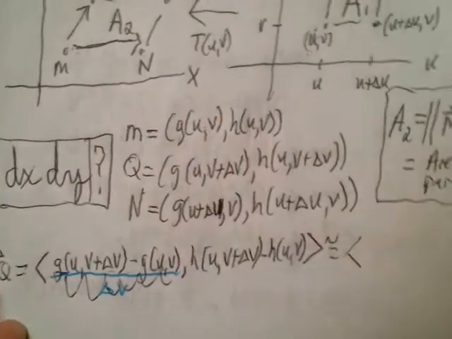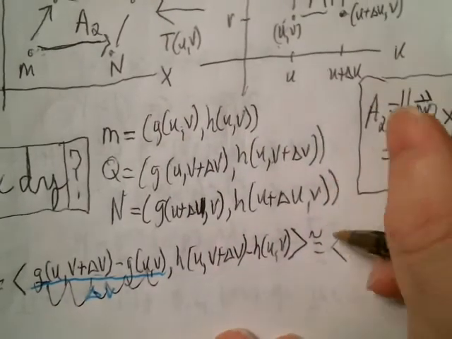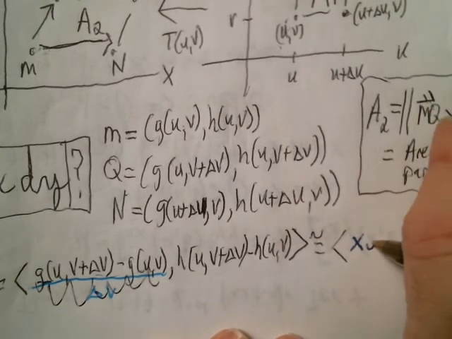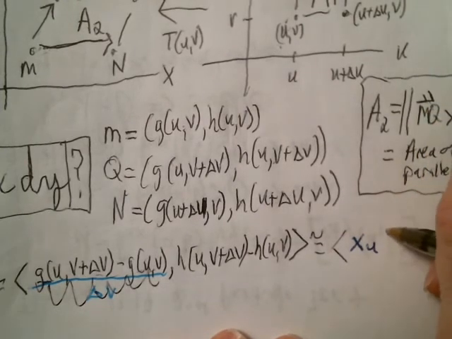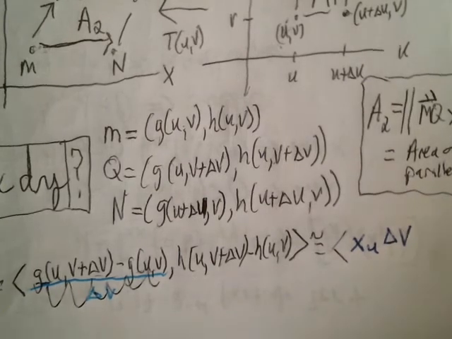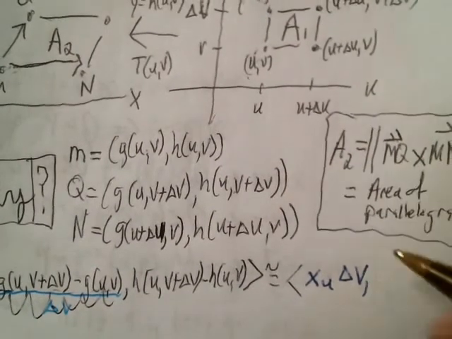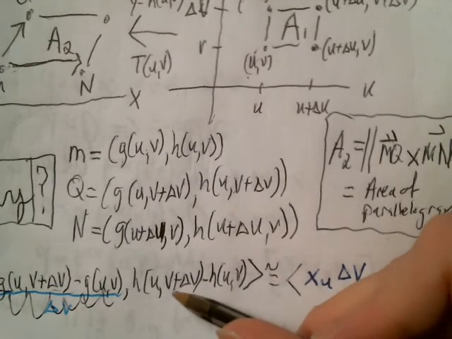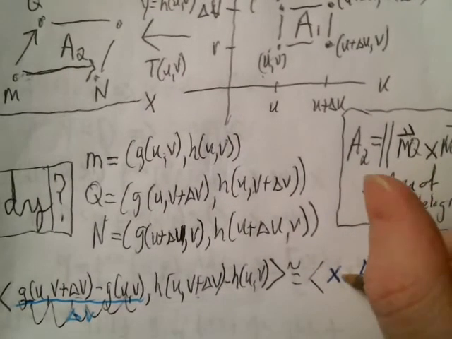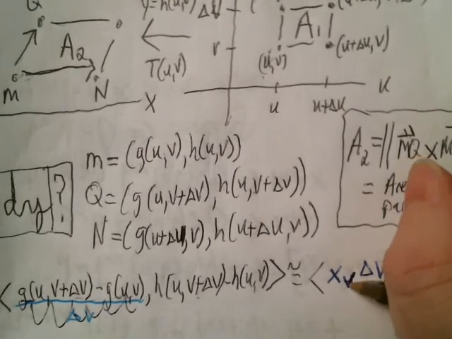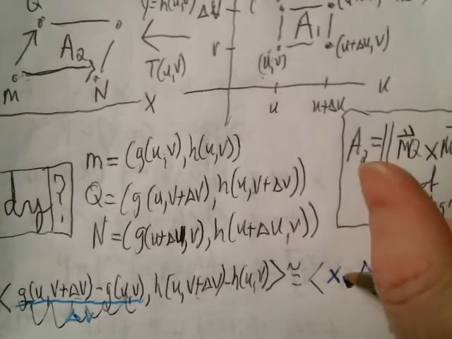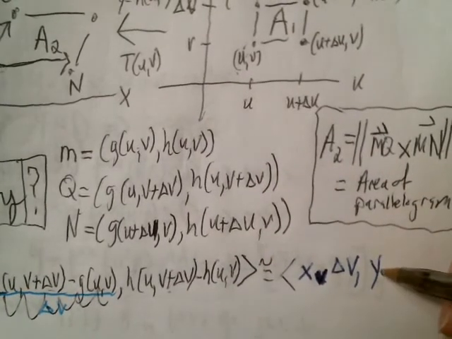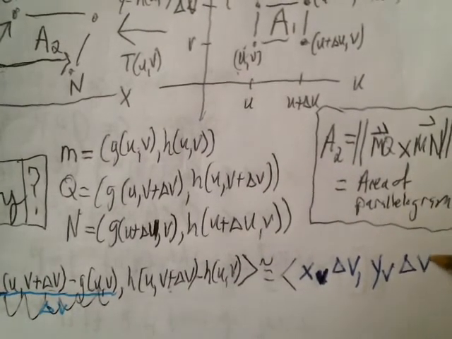Over here, it's going to be the partial derivative of x with respect to u, but then times change in v. Okay? And then likewise, this should have been v, sorry, partial derivative of x with respect to v times change in v. And then this will be the partial derivative of y with respect to v times change in v.